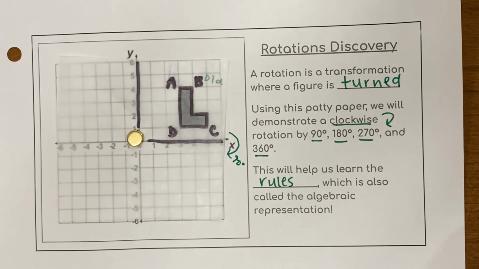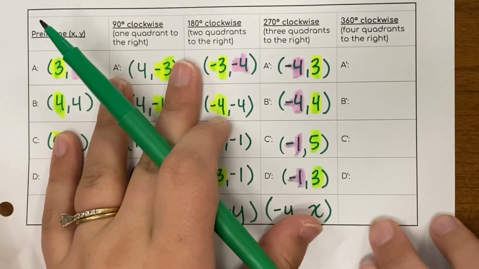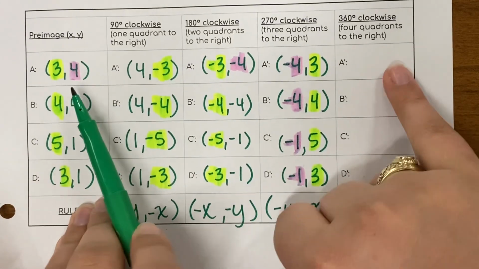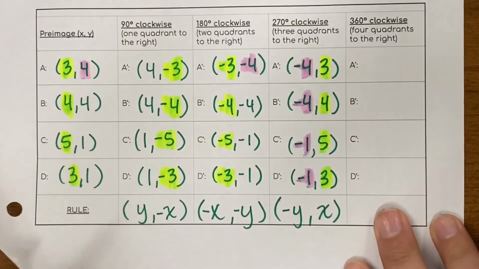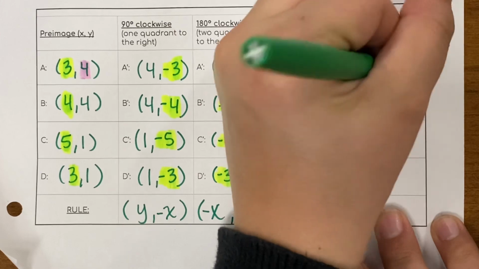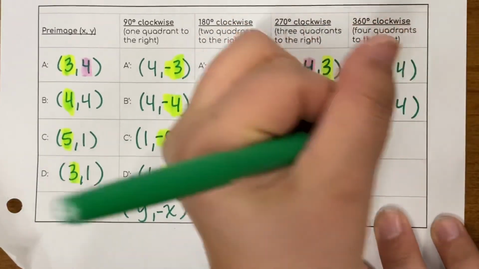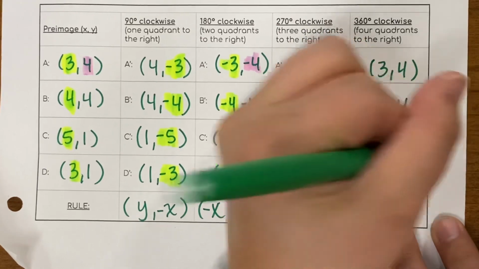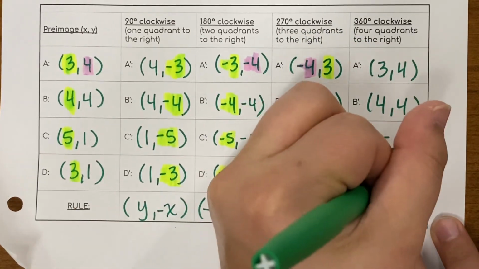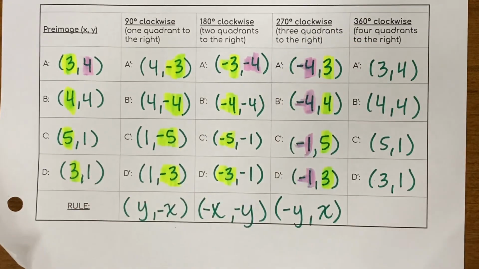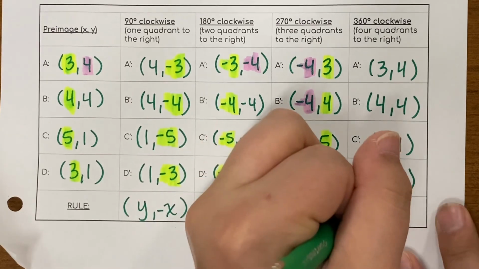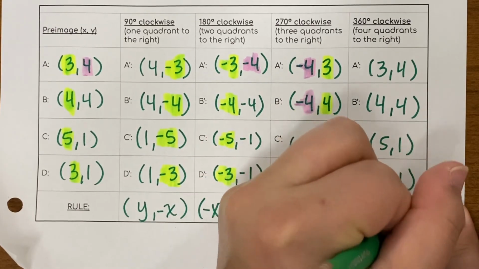I'm just going to write my new points down for A, B, C, and D. So I know it's in the same spot as it was before, so my points are the same as the original. 3, 4, 4, 4, 5, 1, 3, 1. So all my points are in the same spot that they were before. So that means it stays the exact same as my original.